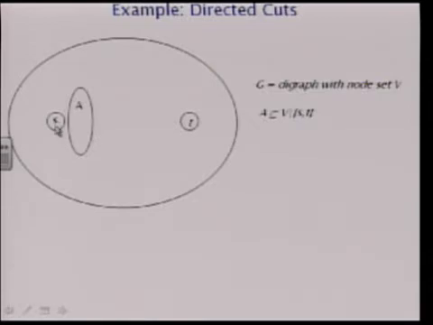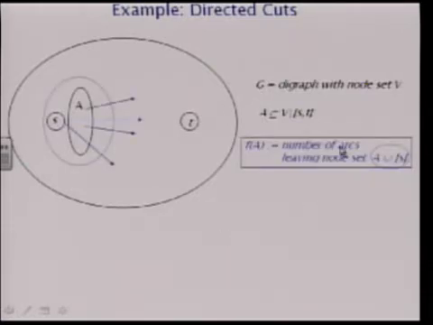For instance, if you think about this as the source S and that as the destination T, and then A is some subset of the whole set of vertices, not including S and T. And then what you want to see is basically the number of arcs leaving the node set A and S. Okay.